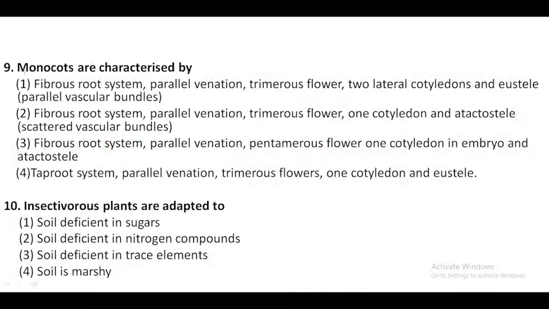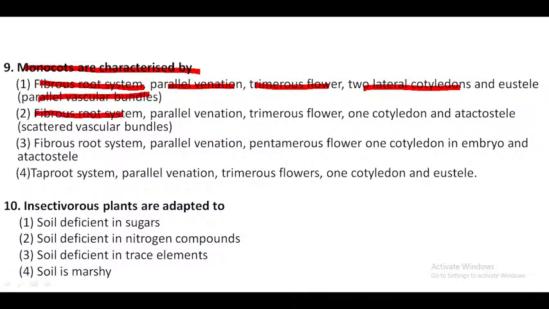Question number 9: monocots are characterized by fibrous root system, parallel venation, trimerous flower, two lateral cotyledons, and parallel vascular bundle. Option number 2, fibrous root system, parallel venation, trimerous flower, one cotyledon, and atactostele, which means scattered vascular bundles.